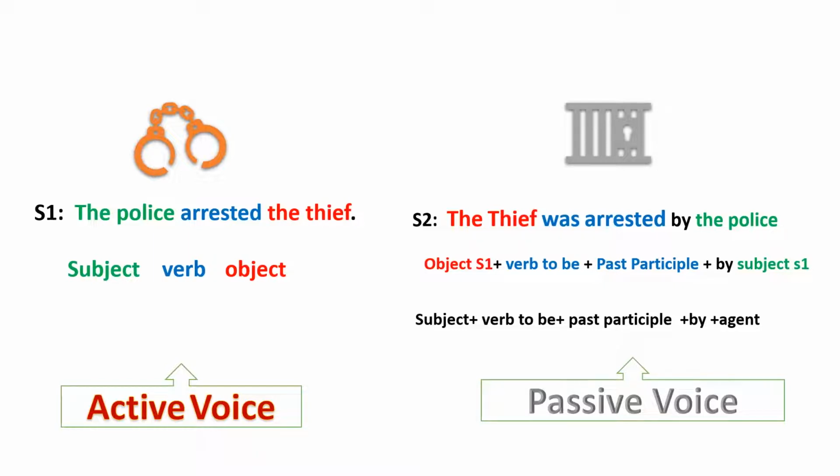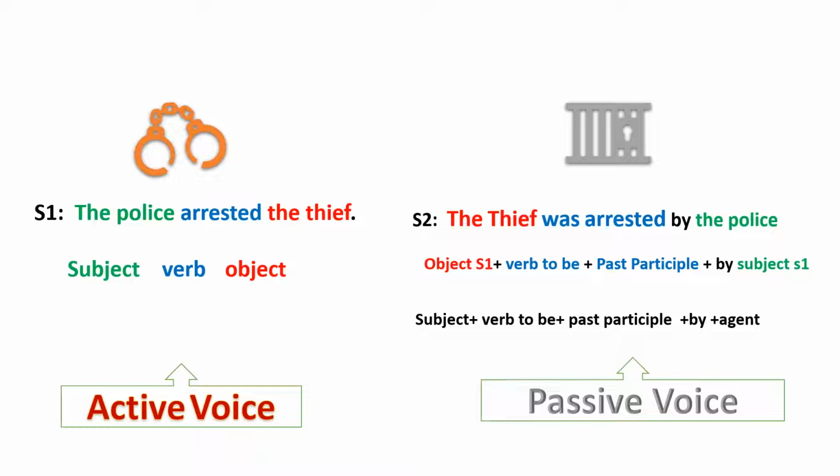You can't say, for example, by somebody, by someone, because it's already unknown, and that's why we use the passive voice. We use it because most of the time we want to concentrate on the object, not on the subject. So the agent here, if it is known, we put it. If it is not known, we don't.